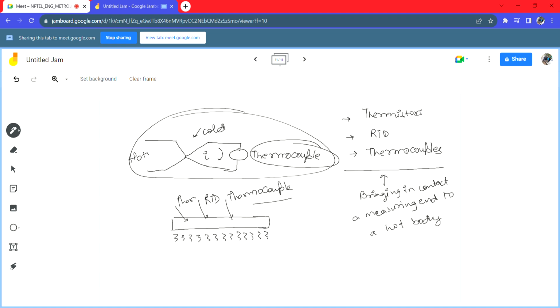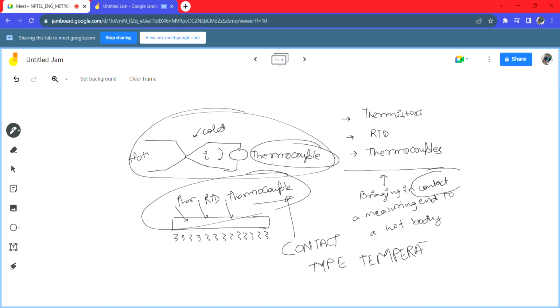Now if you can see, all depends on this contact. So these three classes of temperature sensors are called contact type temperature sensors. So what we are doing invariably here is we are bringing our sensor in contact with a hot body.